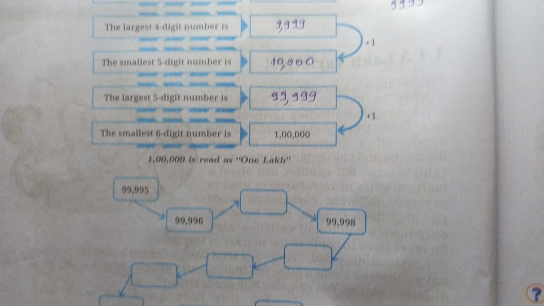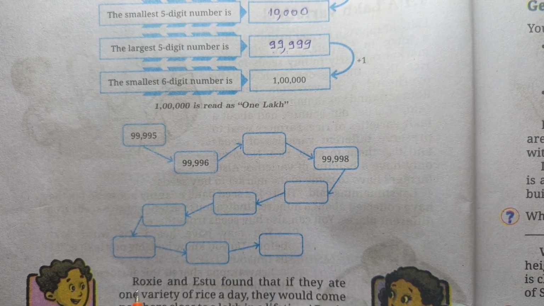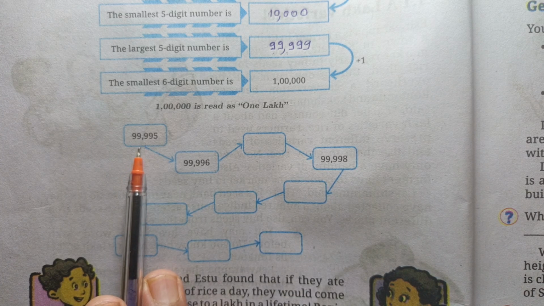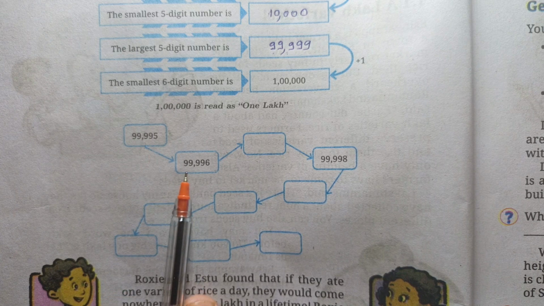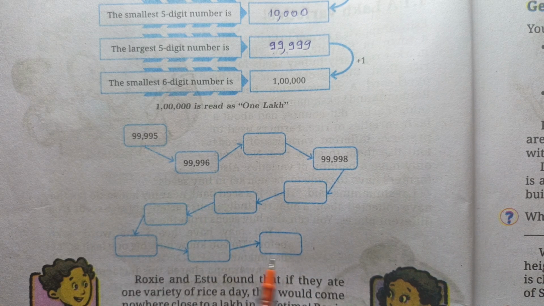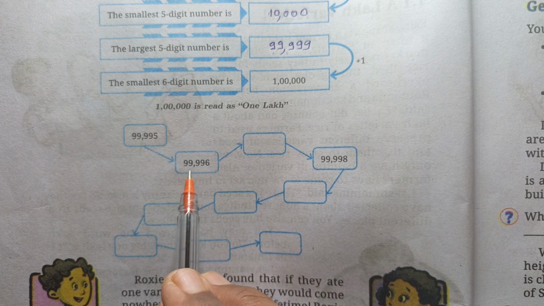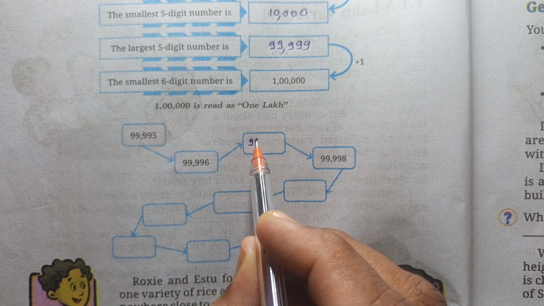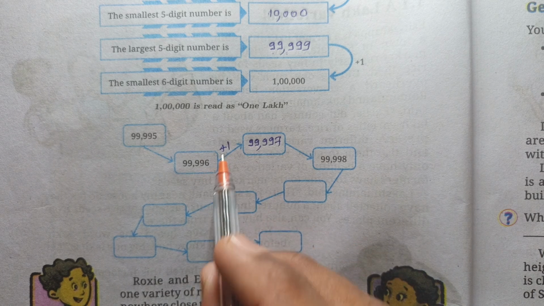One more question is asked on this second page. In ascending order we have to write, so the first number given is 99,995. If we add plus 1 to this, what do we get? 99,996. In the same way, in ascending order we will write all the numbers. Coming to the third one, 99,996 plus 1 equals 99,997.